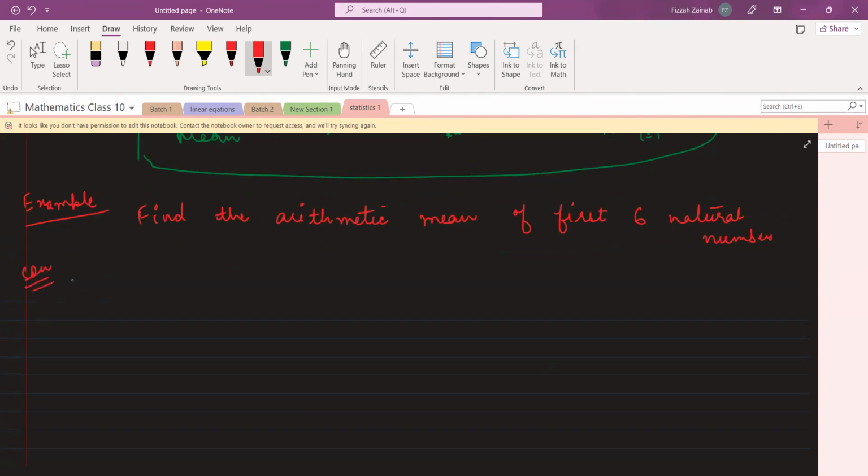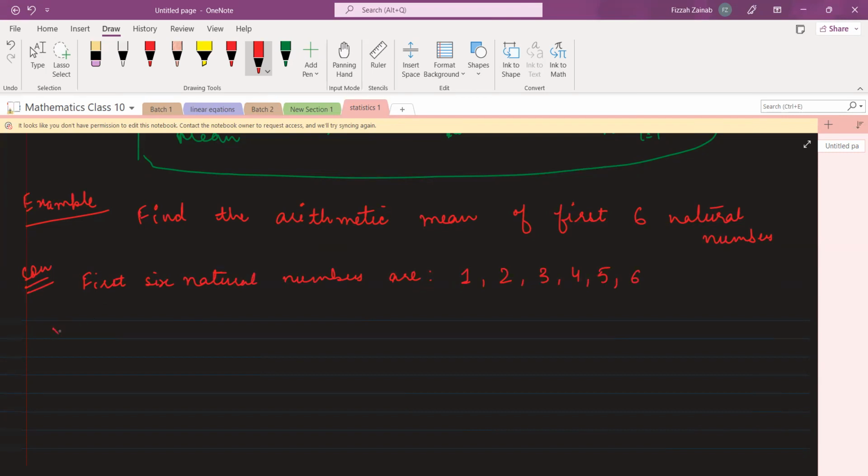So how do you do it? First of all, write down the first 6 natural numbers. Natural numbers start from 1. They're counting numbers, right? So 1, 2, 3, 4, 5, 6. These are your first 6 natural numbers.